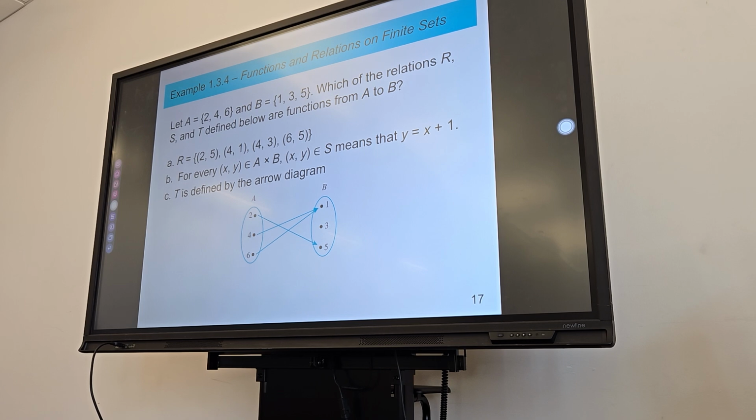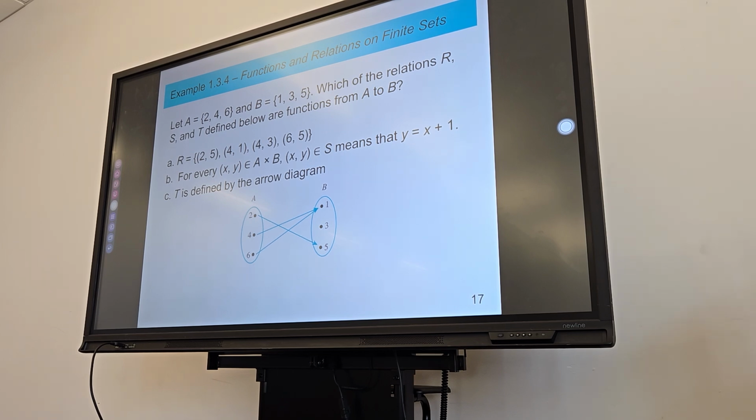Yes, it is a function because there's only one arrow coming out of each element of A. All elements of A have a corresponding element in B, and no duplicate arrows coming out of elements in A.